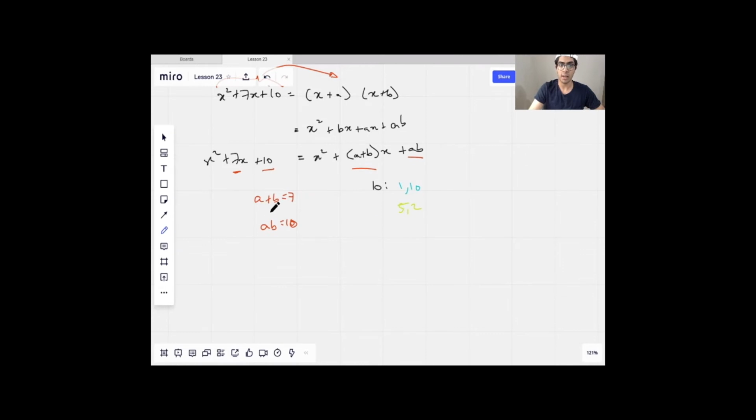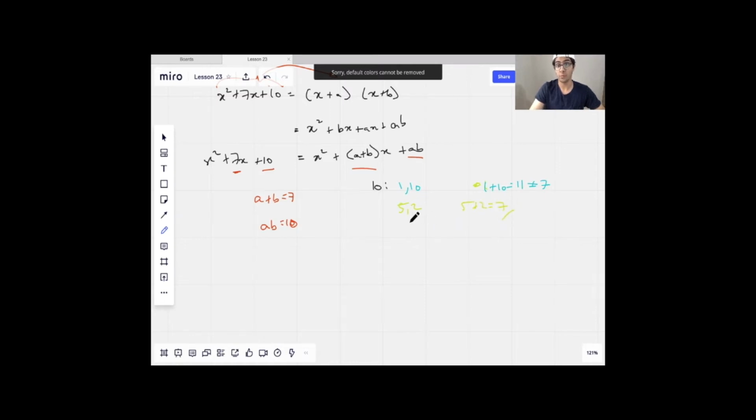But let's try a plus b. If a and b are 1 and 10, then a plus b is actually 11. 1 plus 10 equals 11, which does not equal 7. But if we try with 5 and 2, 5 plus 2 equals 7.